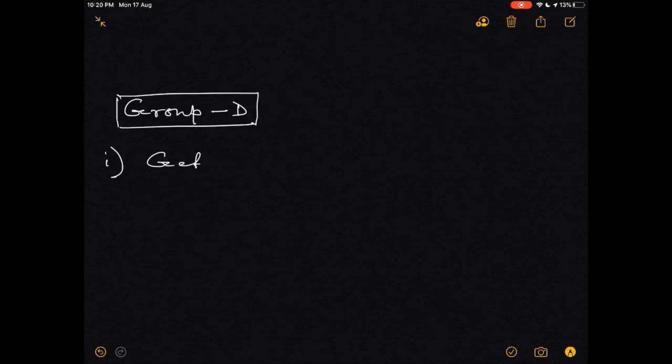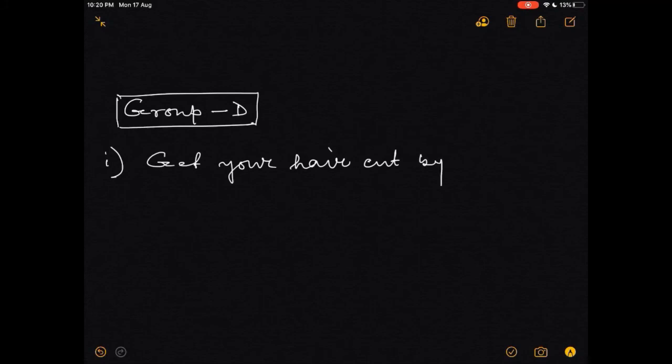Get your hair cut. Here one thing is understood: by someone. Passive. These are all passive sentences, passive voices.